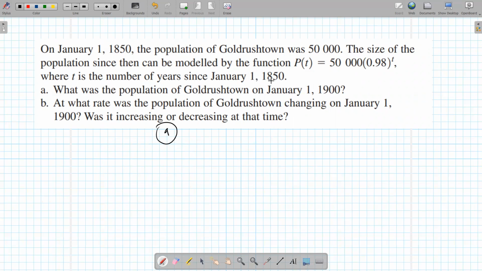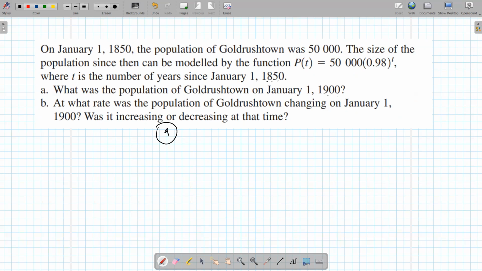How many years have passed from 1850 to 1900? 150. Quick maths, but that's the wrong kind of quick maths.